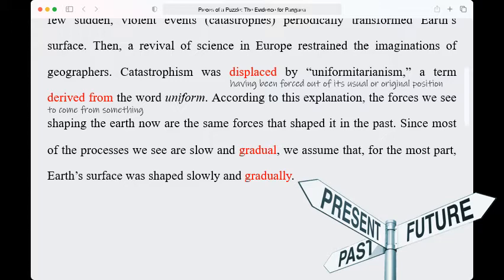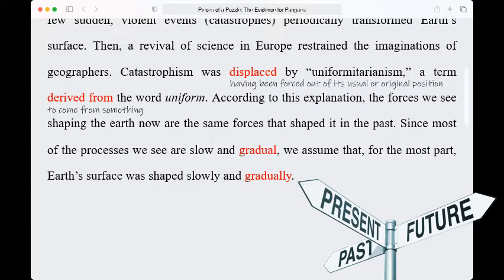But this concept is not a novel one. This notion of the earth having been in this state for a long period of time in the past, and that it will remain the same in the future, was here with us for thousands of years.